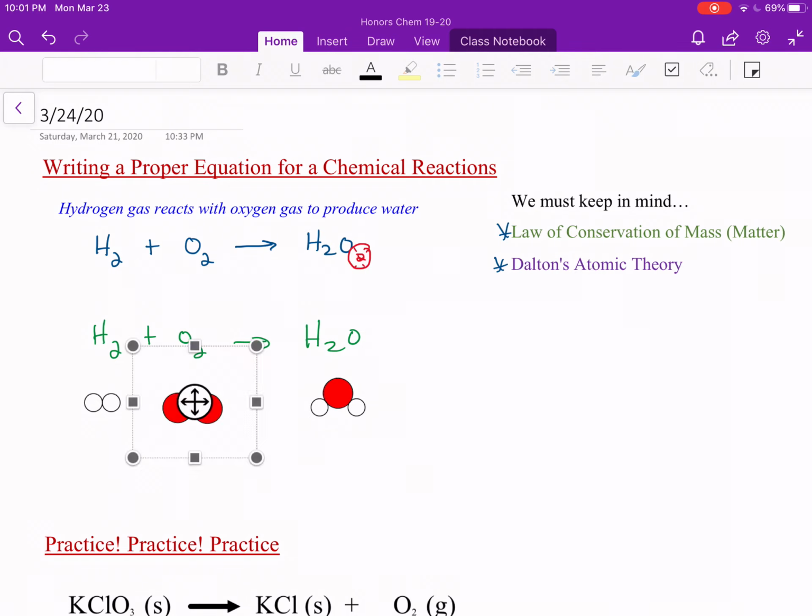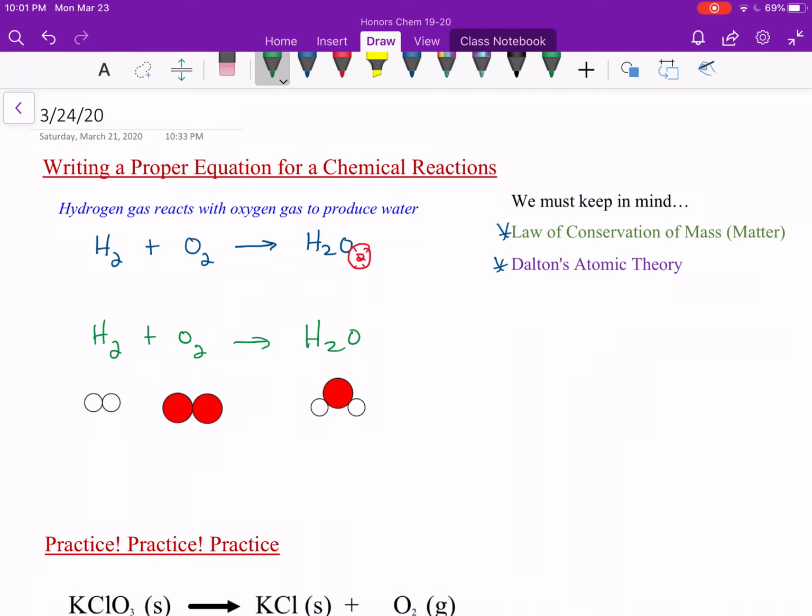And so this is a great visual representation for us so we can see what's going on. And if we count these atoms of hydrogen, it's pretty clear that we have 1, 2 there, and we have 1, 2 here. We have 1, 2 oxygens, but we only have 1 oxygen here.